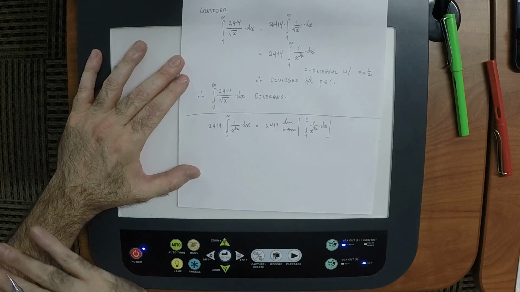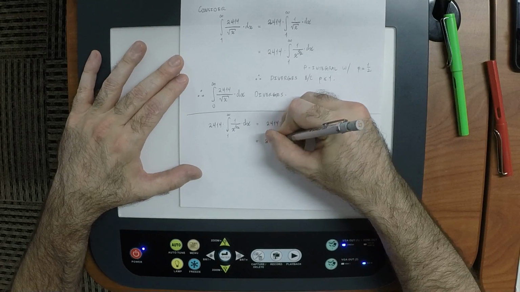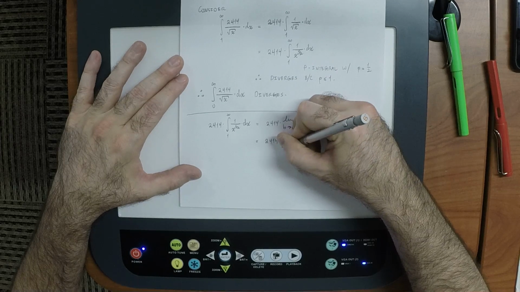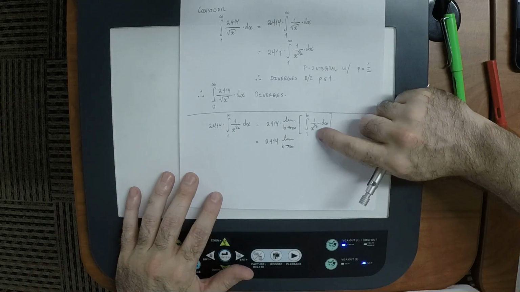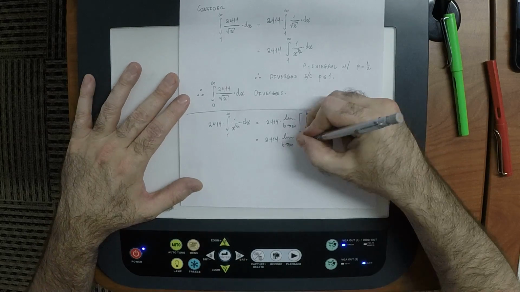So now we'll do the thing that's inside of the square brackets first. So this would be 2414, limit as b goes to infinity. So the antiderivative of this would be 2 square root of x.